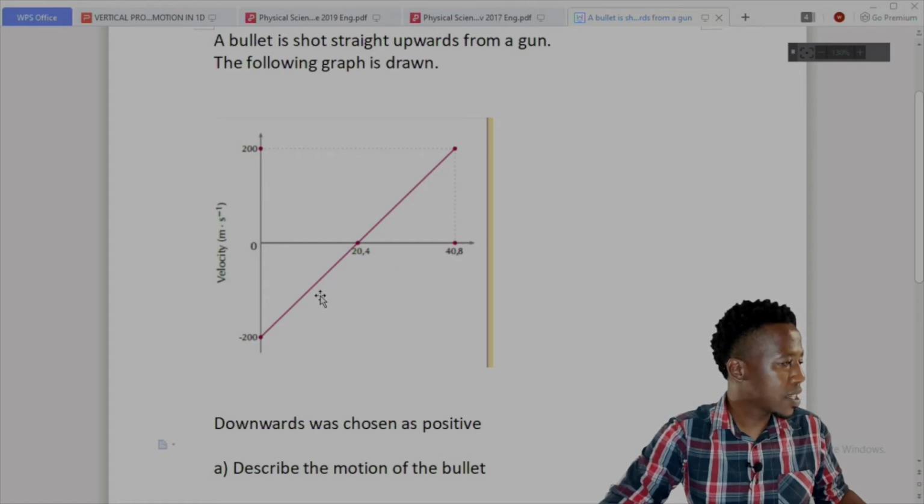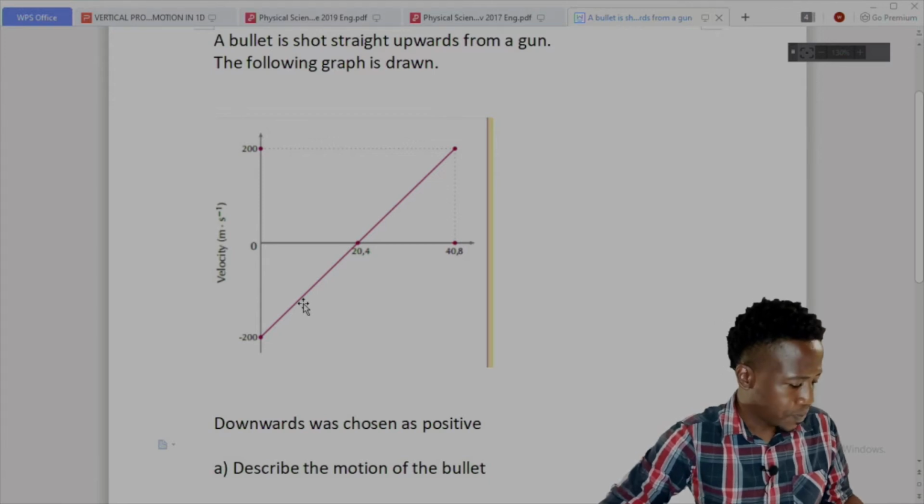You see it starts at minus 200 meters per second, which is the initial velocity of the bullet, right? And then it gradually increases, right? It gradually goes up, right?